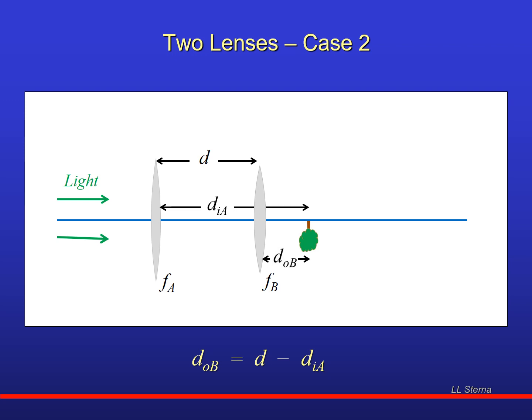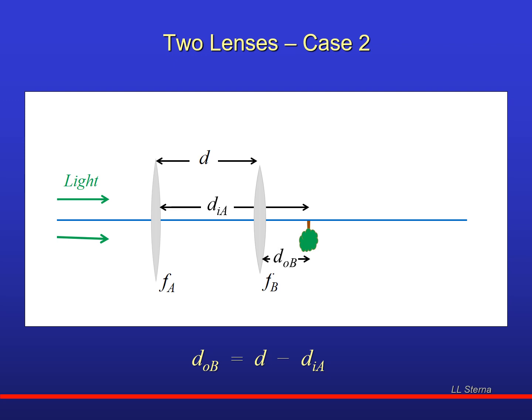The object for the second lens can be in front of it, can be after it. Okay. In either case, we use the same equation. That's what I wanted to illustrate from these two cases. The same equation to get D sub OB. All right. Now we've established that.